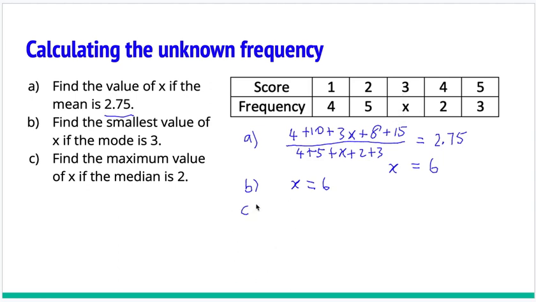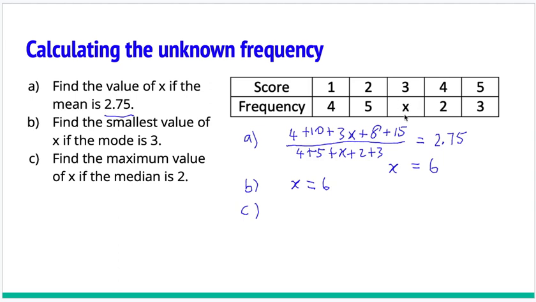Let us now take a look at the median. Remember that to find the median, we have all the scores added up, plus 1 divided by 2. But then we do not know what x is. But the median is also the number that is in the middle.